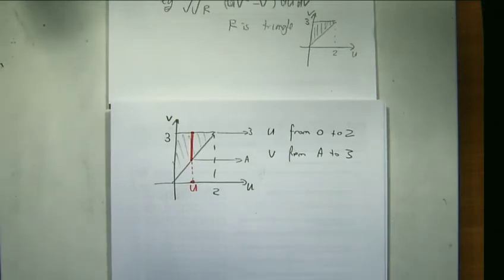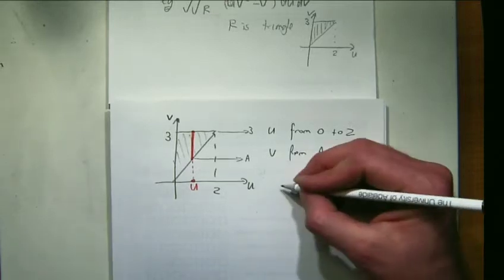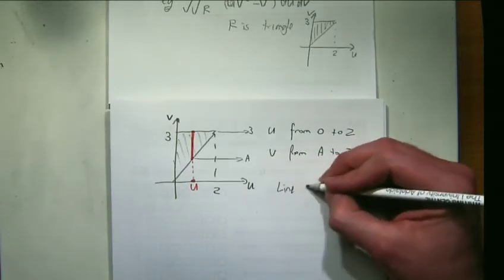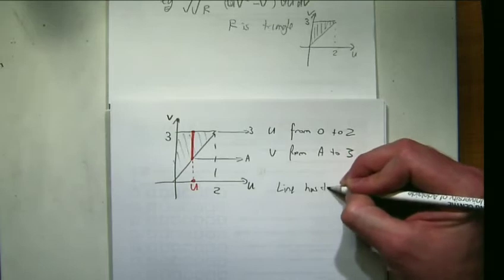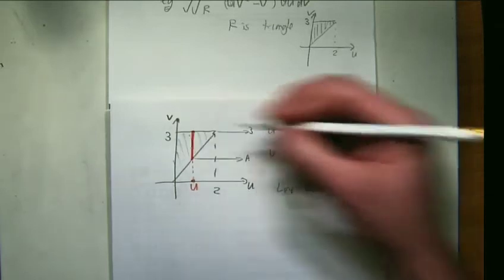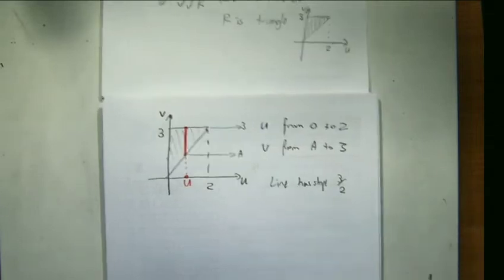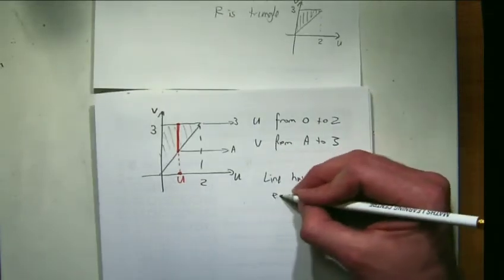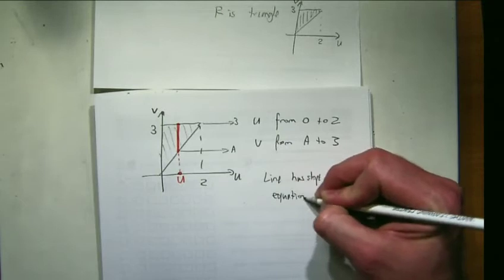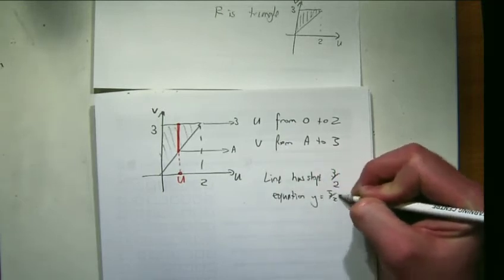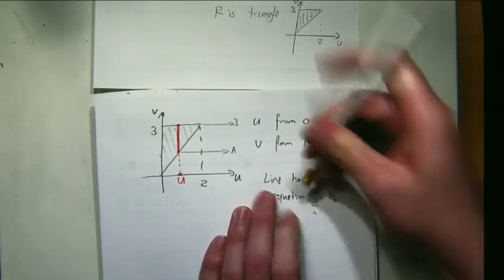So I should probably figure out the formula for that line. So let's see, the line has slope, rise is 3 over run is 2, yep. And so it has equation y equals 3 on 2, v equals 3 on 2u.